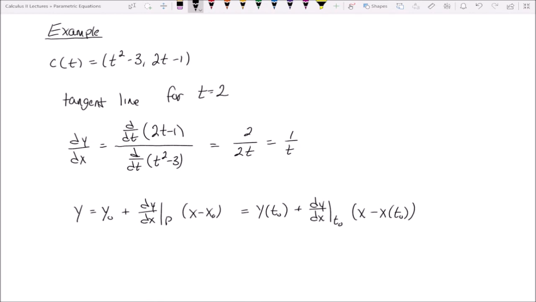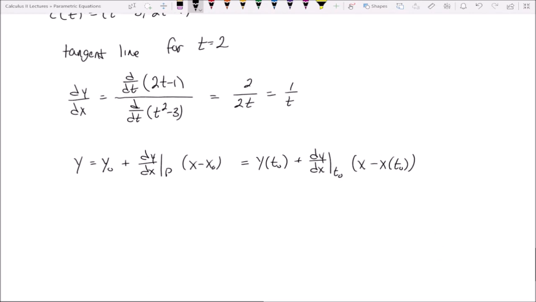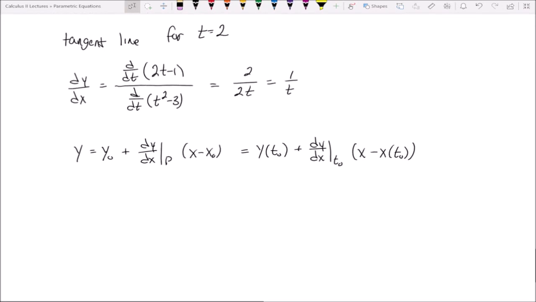Where t naught is our point. So for us, we're going to get y equals y of 2 plus dy dx evaluated for t equals 2 times x minus x of 2.